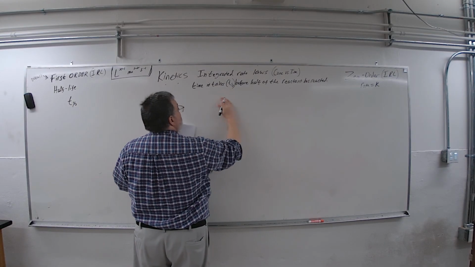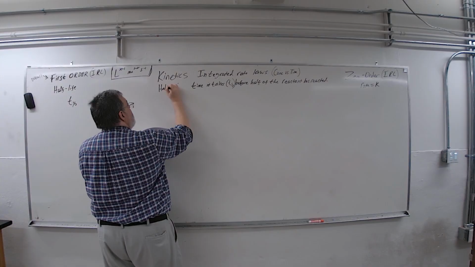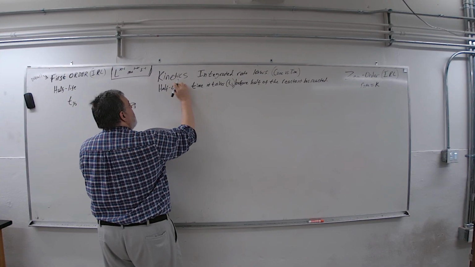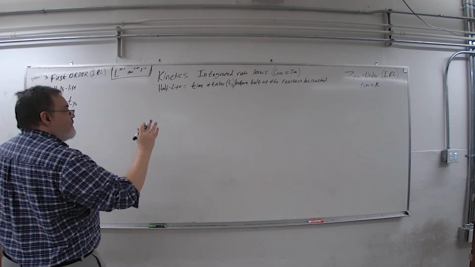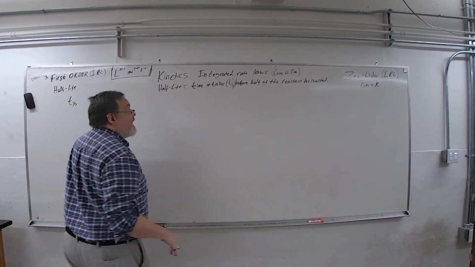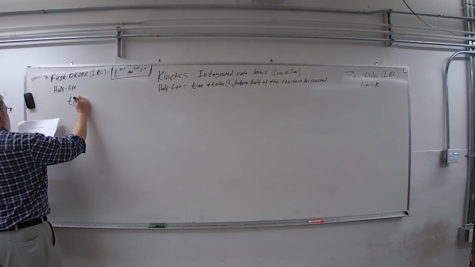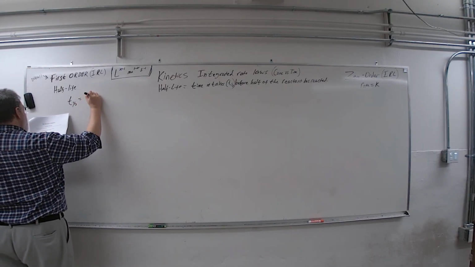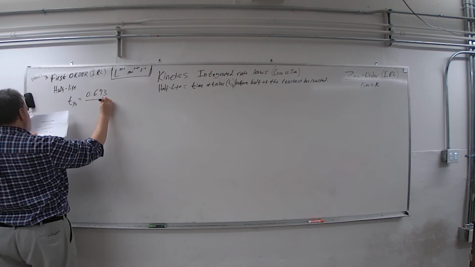So we use the symbol T with the 1/2. Half-life equals the time it takes, and we call that T1 half, or half of the reactant has been used up. And for a first order, it has this constant in it, I will give you this on the test.